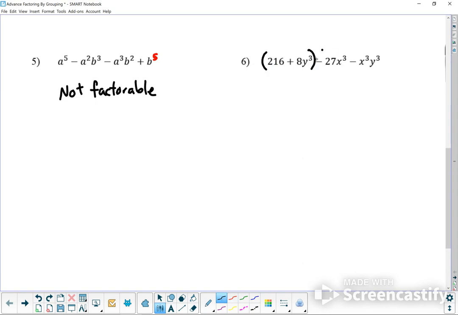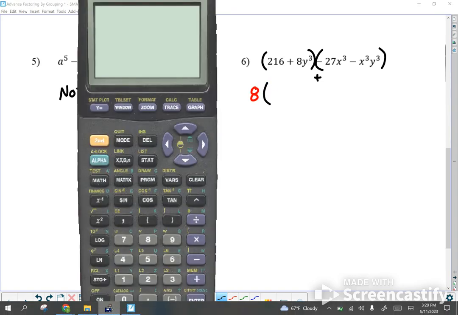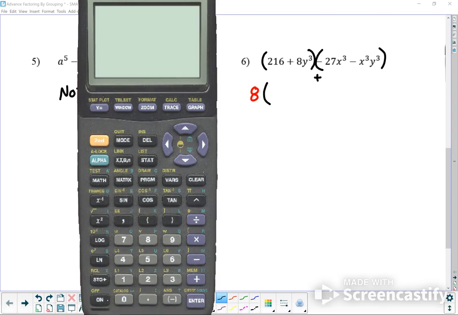Okay, let's group it like this and like this with a plus, just the way it is. Let's say we factor out an 8 on that first part. So left over, so 216 divided by 8 is 27. And I know what 8 divided by 8 is.